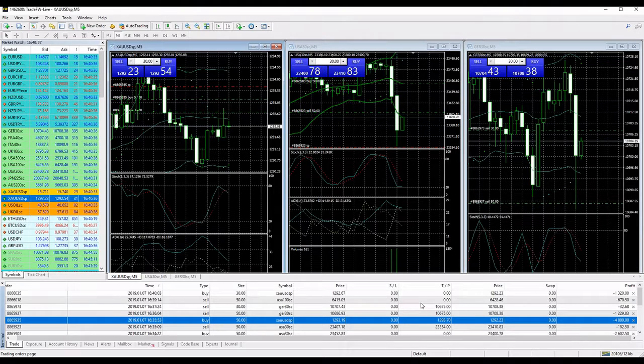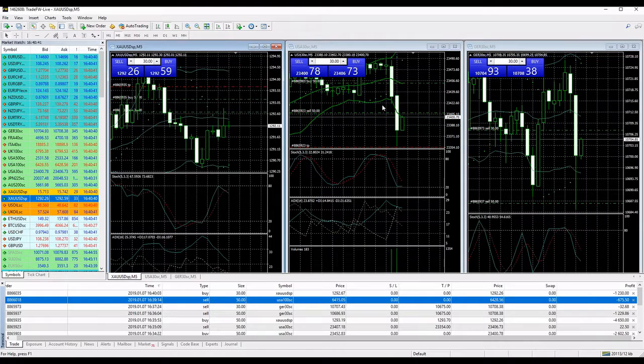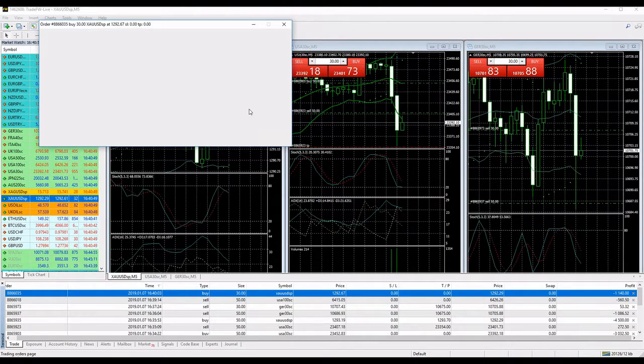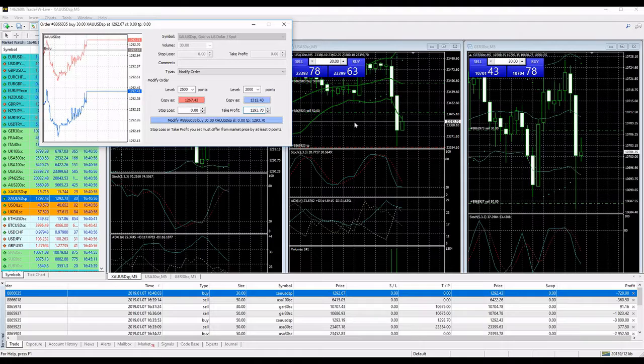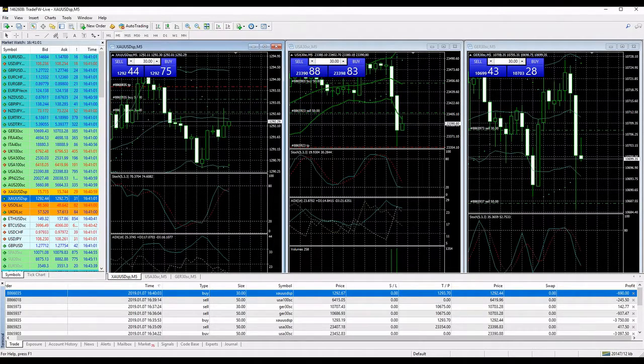For both, I will put the same stop loss, take profit. So it will be at 1,292.70. This is our take profit, guys, for gold.